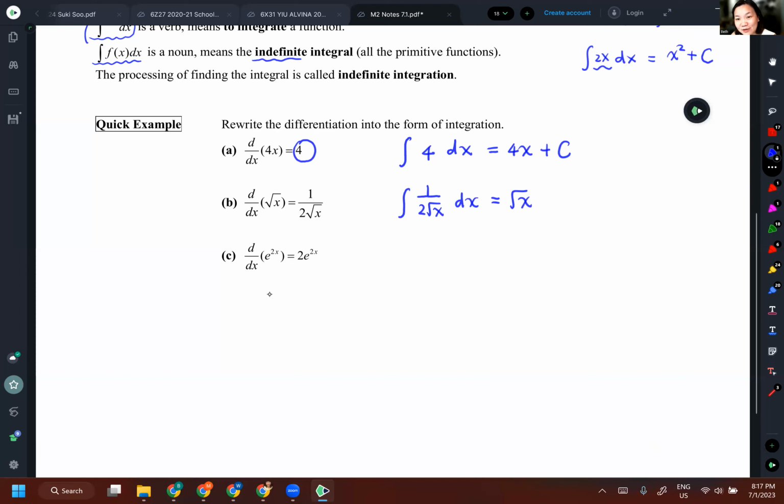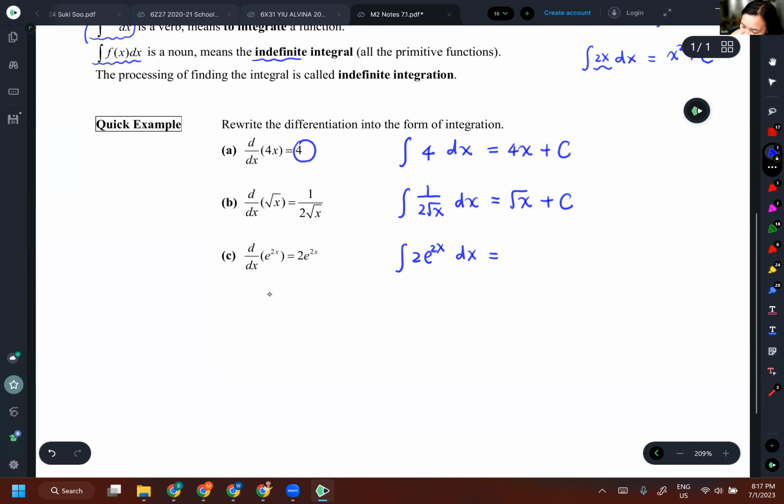It's all the primitive functions, so plus c. The last one: dx, and I put 2e^{2x} and equal primitive e^{2x} plus c. Okay, if you can do that, then we finish the first lesson.